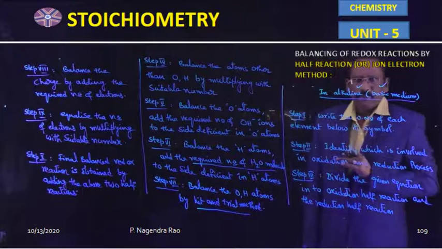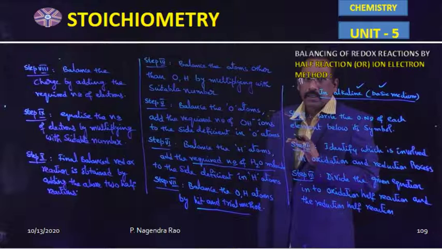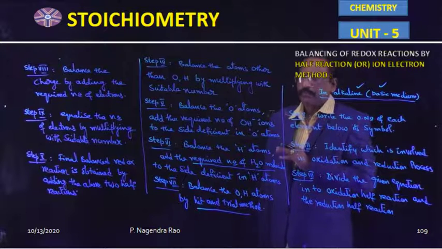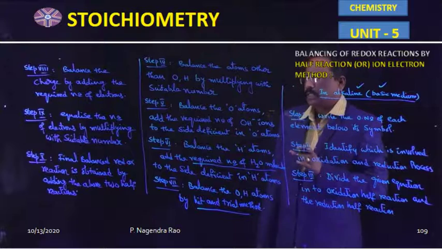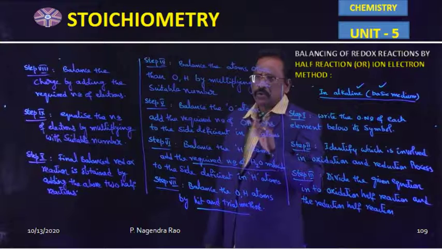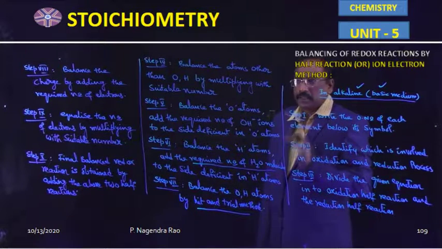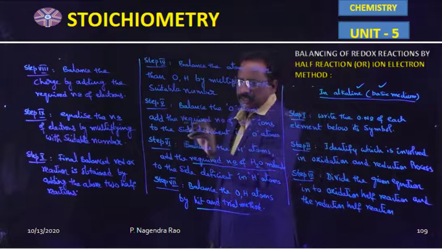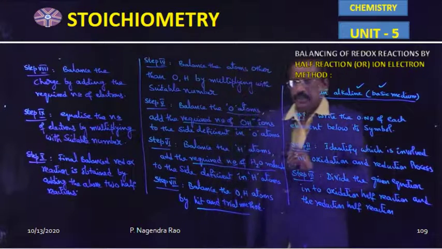If the chemical reaction takes place in alkaline medium, same rules except if you want to balance the oxygen atoms in alkaline medium, add the required number of OH minus ions in the deficient side.